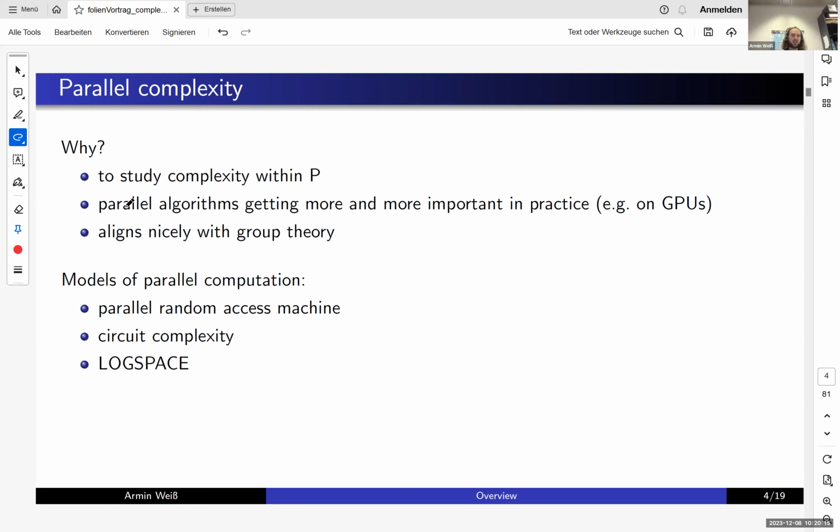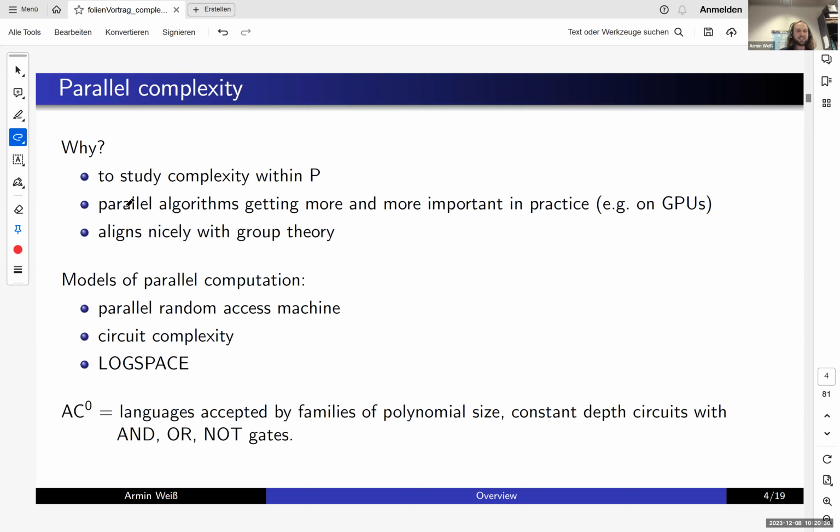Or we can also use log space. Log space is intrinsically a sequential algorithm, but we restrict the space. But if we have a log space algorithm, it also means that we lie in some small parallel complexity class. The easiest of these parallel complexity classes is AC0. So we have circuits, which means that for every different input size, we need a different circuit.